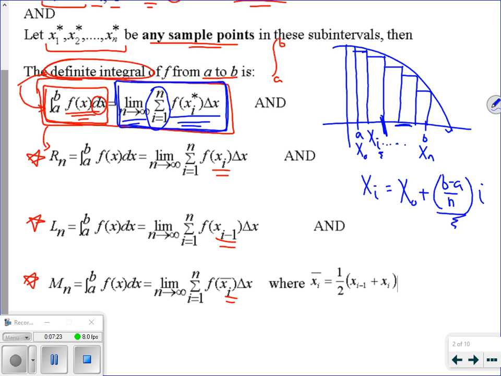So I would plug 2 in for I. It just tells me any of those x values.